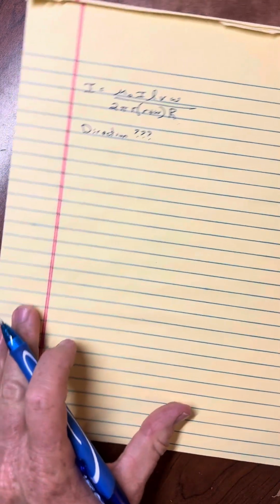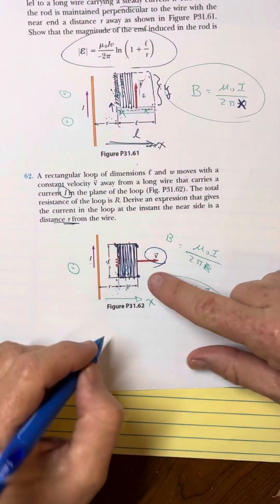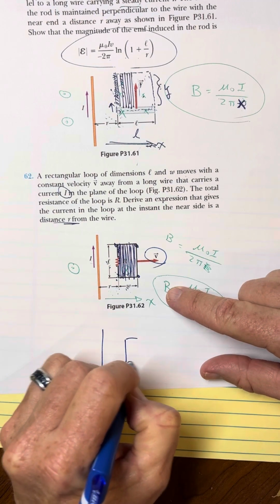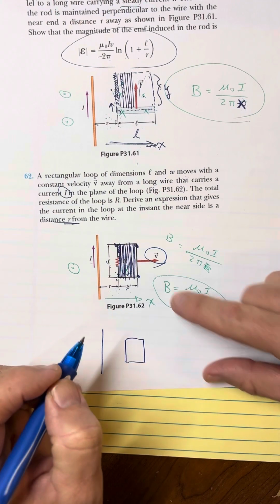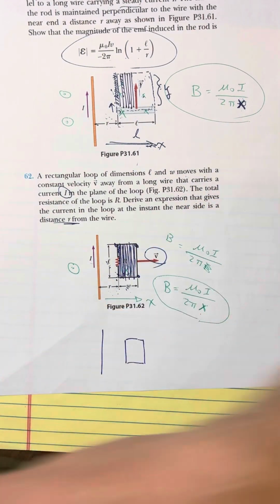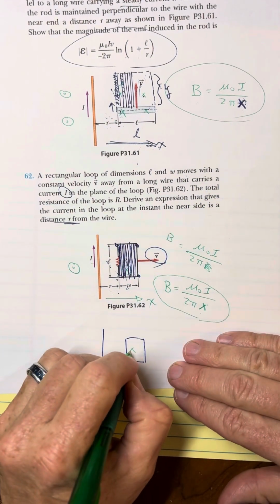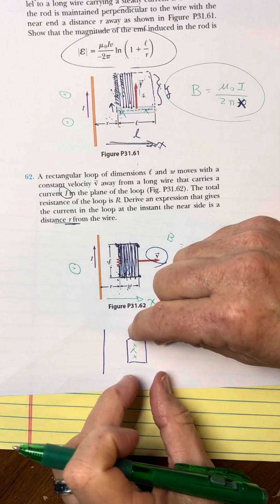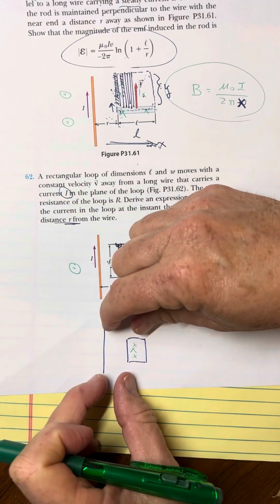And this is where Lenz's law comes into play. And I've kind of made a mess out of my drawing. So let me kind of start here again. But with it moving out, we would be starting with, I'll call it, a significant amount of flux going through this rectangle because we're close to the wire.